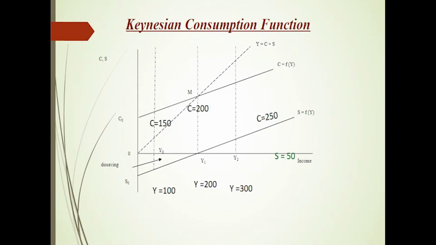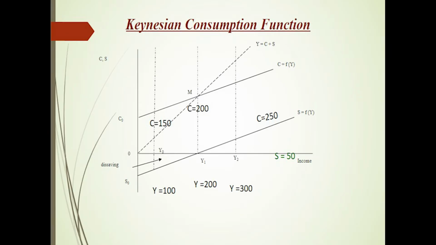According to the Keynesian consumption function, as I said, when income is 0, still consumption is positive, that is related to autonomous consumption. With the diagram, Y = C + S, that is the disposable income of the households in the economy.